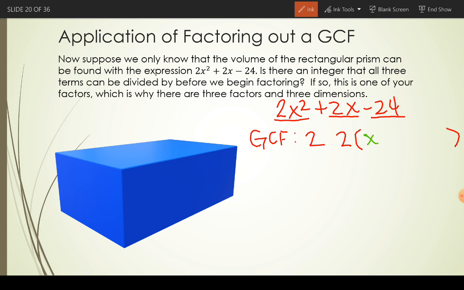So I'll have x squared plus x minus 12. I'm going to work with my trinomial in green to find my magic numbers. So I need 2 numbers that multiply to negative 12 but add to 1. That's going to be negative 3 and 4.